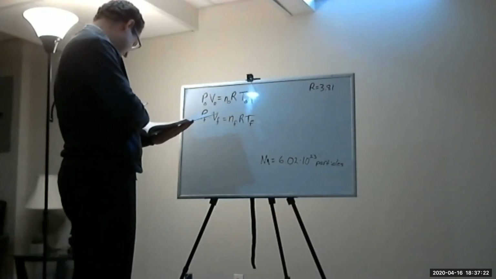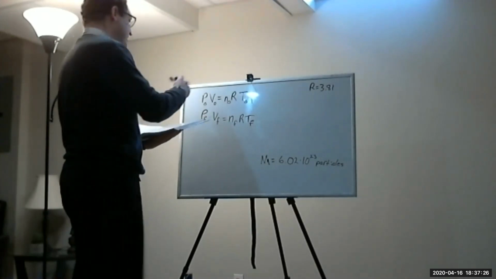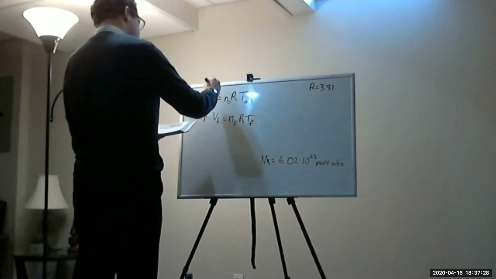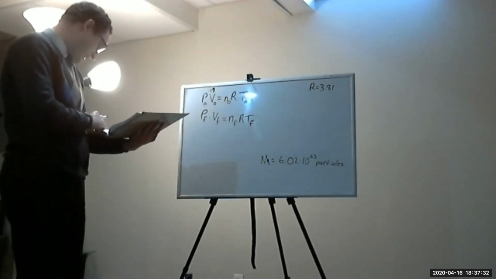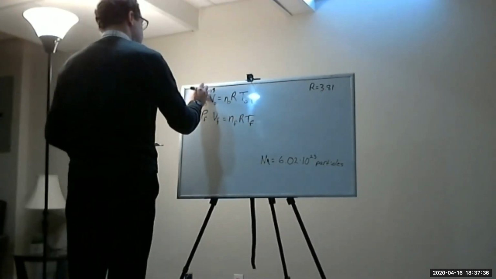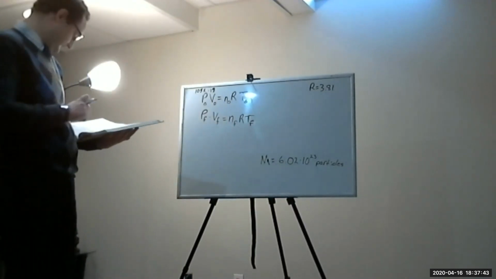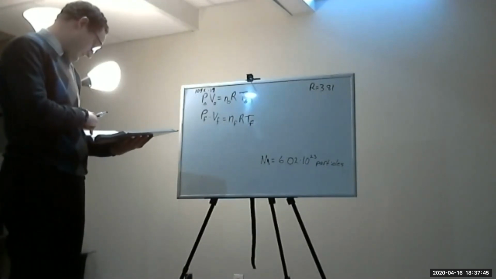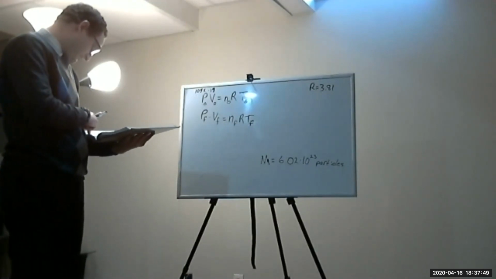We have that V at the start is 18 cubic meters. We have that P at the start is 105 kilopascals. I'm just going to leave it as K for the 1,000. Oh, I'm sorry, I looked at the wrong line.